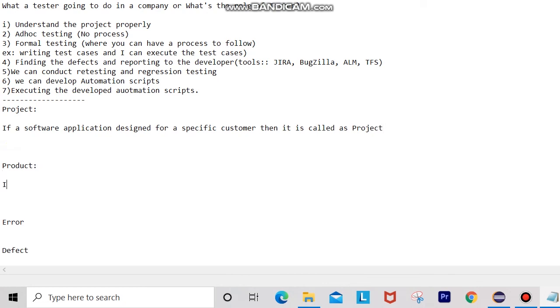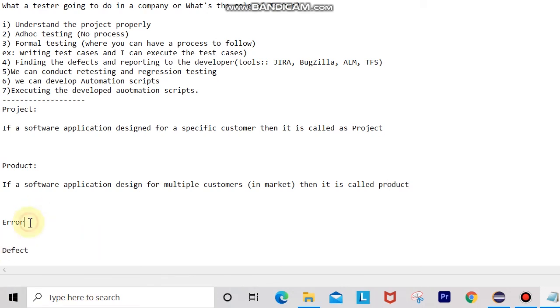I already told you, if a software application is designed for multiple customers in the market, then it is called a product.